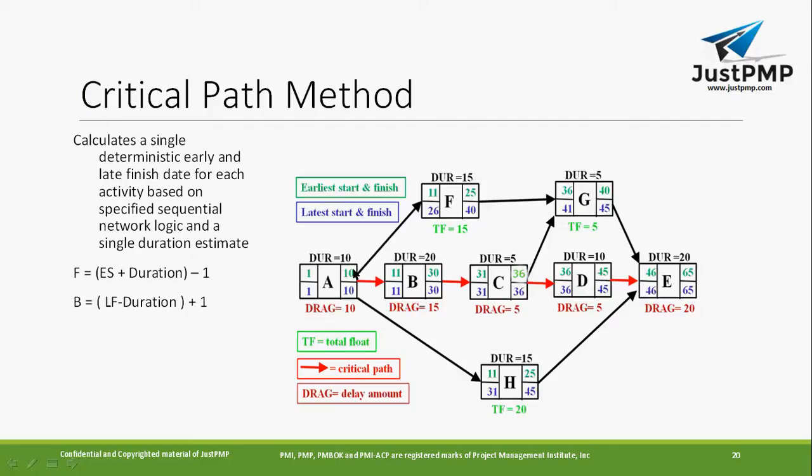They will give you the start date, the earliest start date and earliest finish date of activity B, or a few of them. And then you need to calculate the earliest start date and earliest finish date of each and every activity based on this network diagram. How can you calculate it? See this example. Activity A starts on which day?